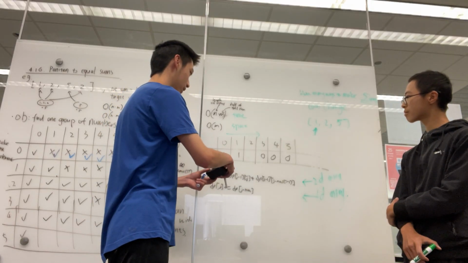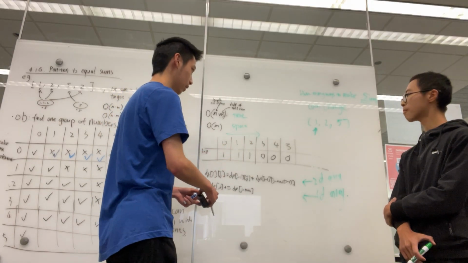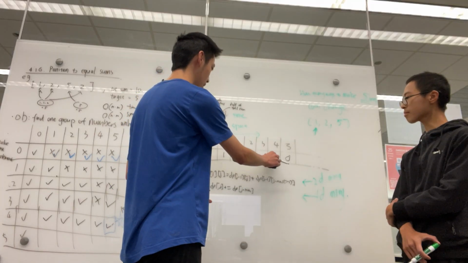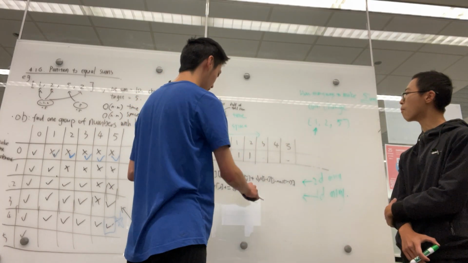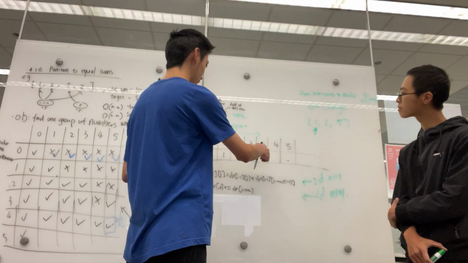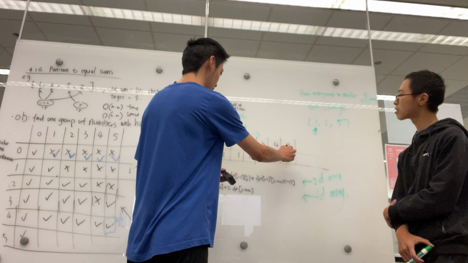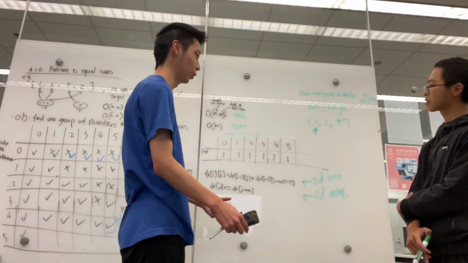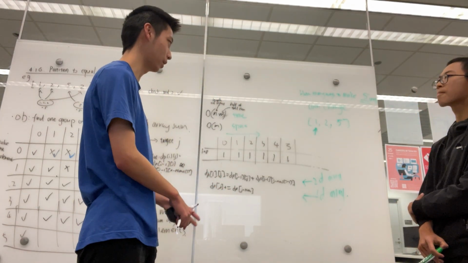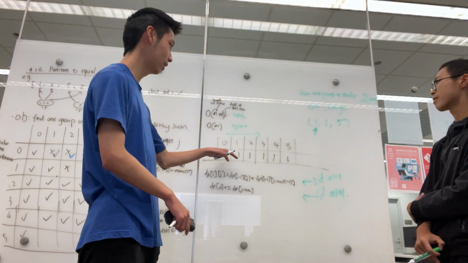So it becomes 1. Then we do the same thing. All these are going to become 1, because we're only using this 1-cent coin right now.